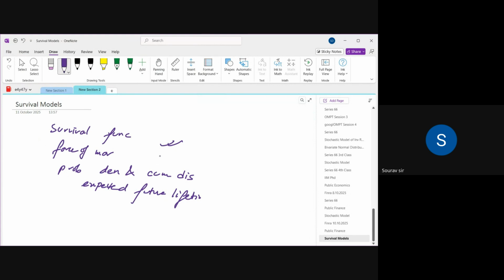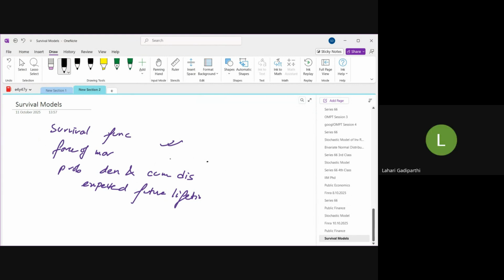Just to recap, life contingency means the mathematical technique which is used to model and evaluate financial events dependent on human life. I hope you can see the screen properly. So that is one, and we are talking about how to provide a structured overview of probability concepts of life and death, survival and mortality function, the life table, the force of mortality, and all those things, correct?